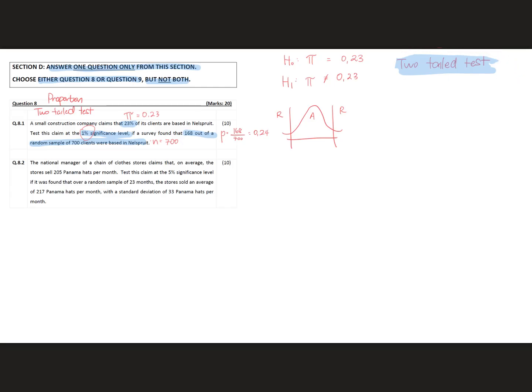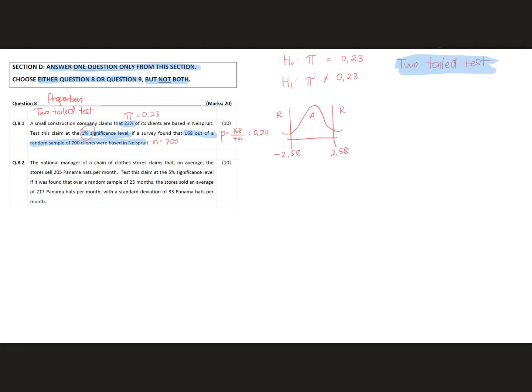Okay, as I was saying, we know that it's a 1% and it's a two-tailed test, so it was plus minus 2.58. That means on the right-hand side, it's a positive 2.58, and on the left-hand side, it's a negative 2.58. Now that we've been able to visualize this, we can write that out in words, because this is where the marks are actually allocated.